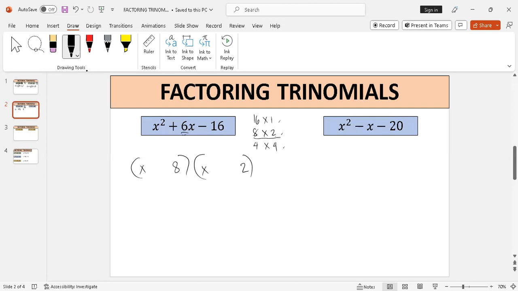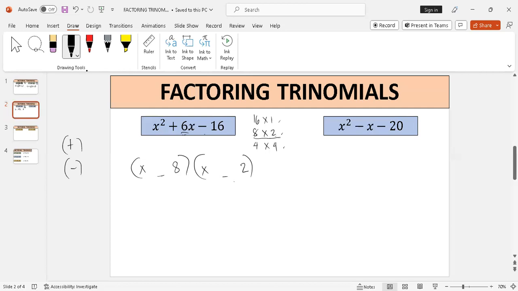What about the sign? Ano yung magiging symbols kaya dito? Since the symbol in the last term is minus, ibig sabihin, ang isa dyan ay positive, ang isa naman ay negative. Pero alin kaya between 8 and 2 yung dapat na maging positive and dapat na maging negative?